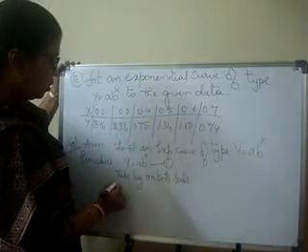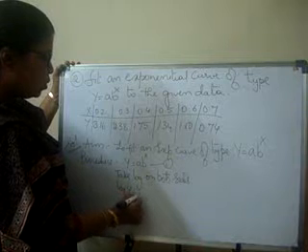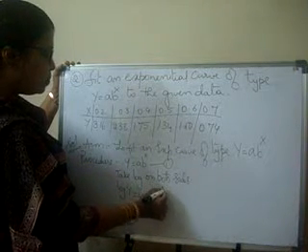Now, log y is equal to log of AB power x.